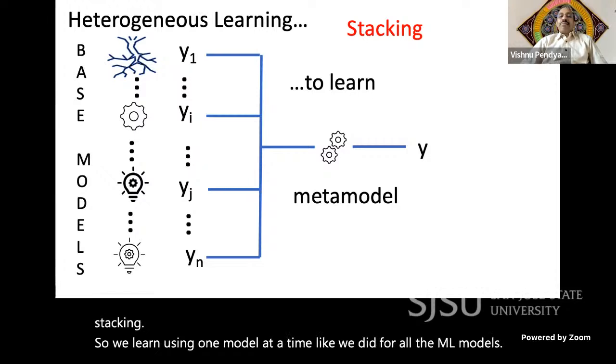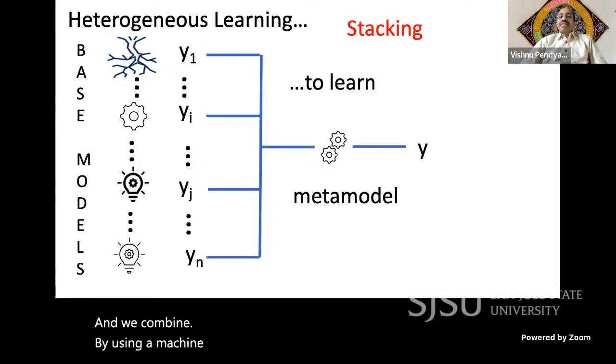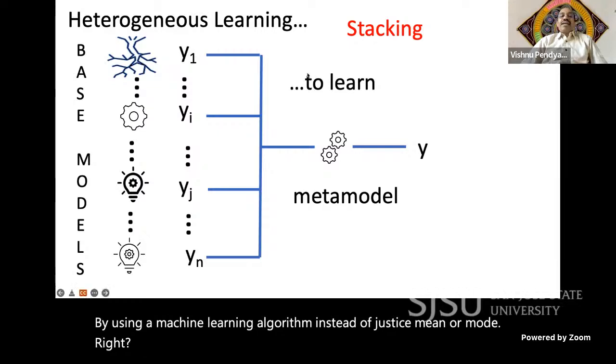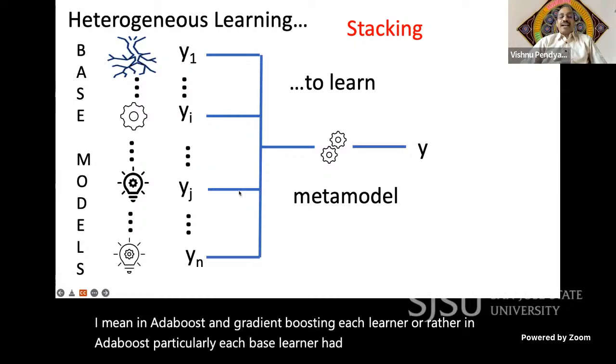And we combine by using a machine learning algorithm instead of just mean or mode, right? So essentially, like in AdaBoost and gradient boosting, or rather in AdaBoost particularly, each base learner has a different weight, right?